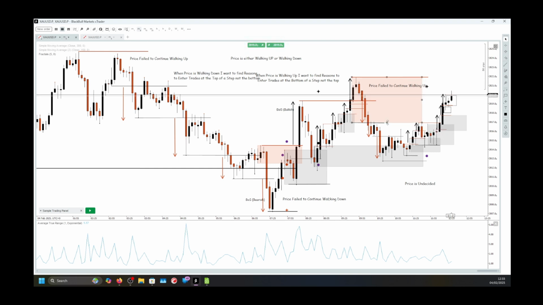So at the moment we've gone through. See, we've not quite hit that last bullish candle yet. That was the origin of this push down.